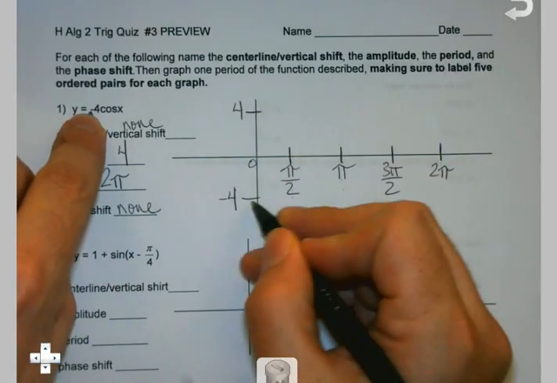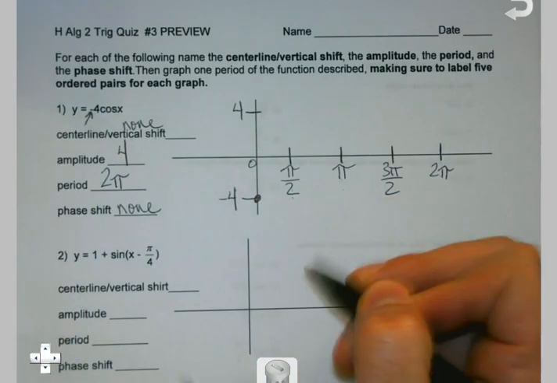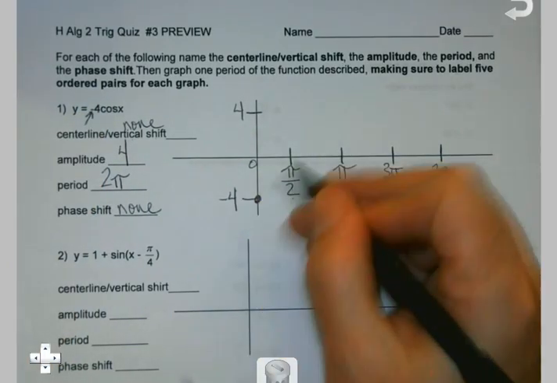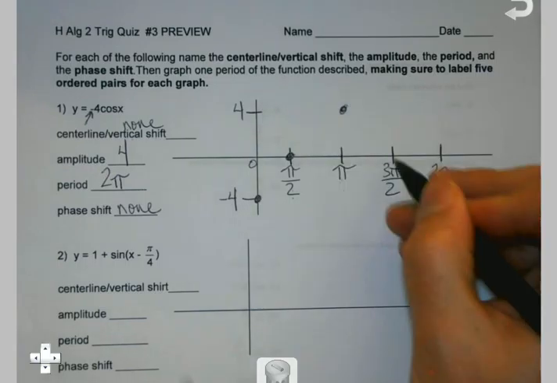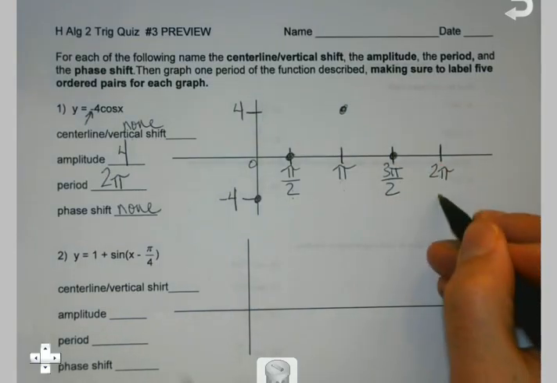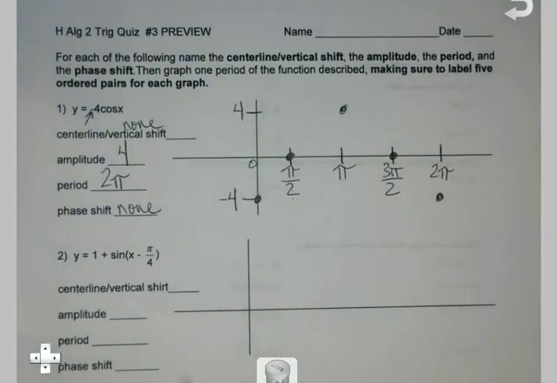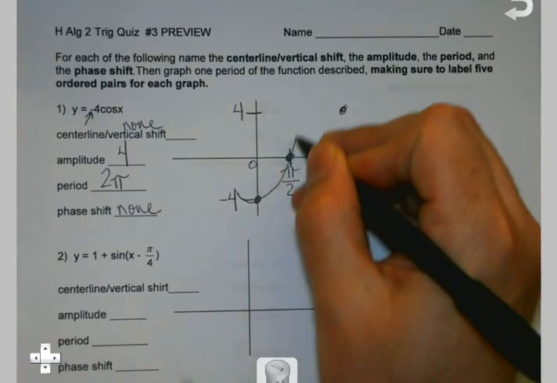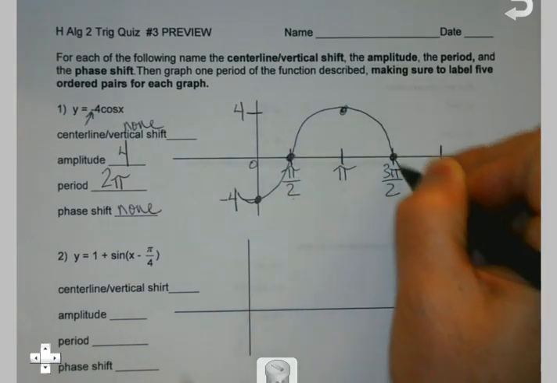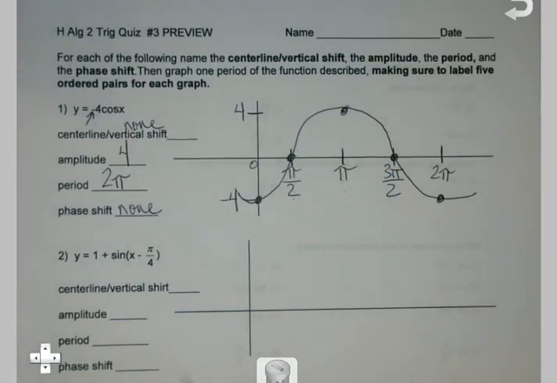Negative, start negative. So minimum, 0. Maximum, 0. Minimum. And this is not a V. We're not drawing absolute value graphs. These are sine curves.